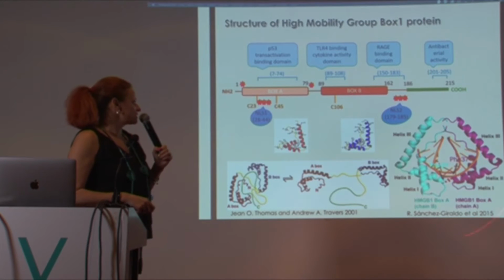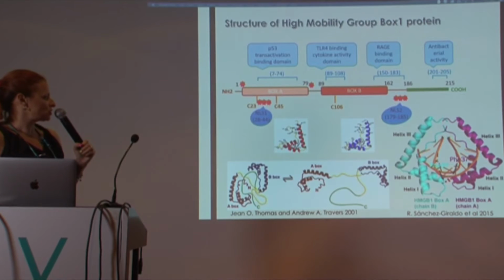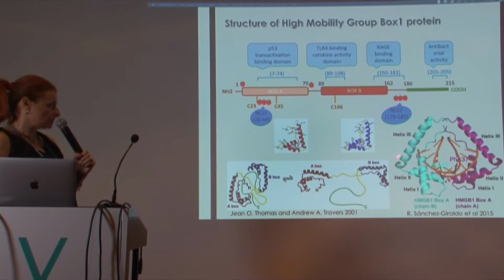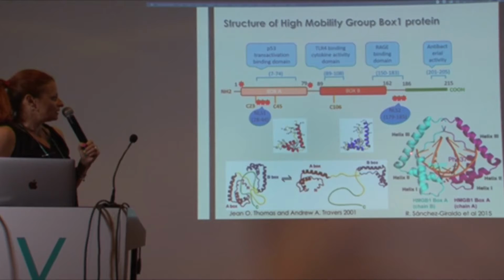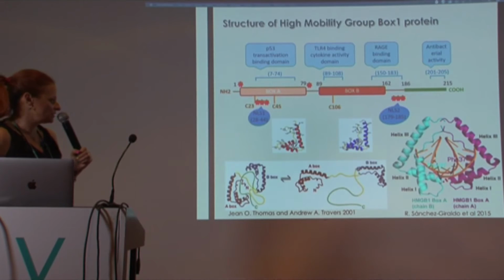And nice crystallographic work came up recently. The authors showed that actually for DNA binding, two molecules of HMGB1 are needed, and during this interaction, the phenylalanines intercalate in the DNA bases.